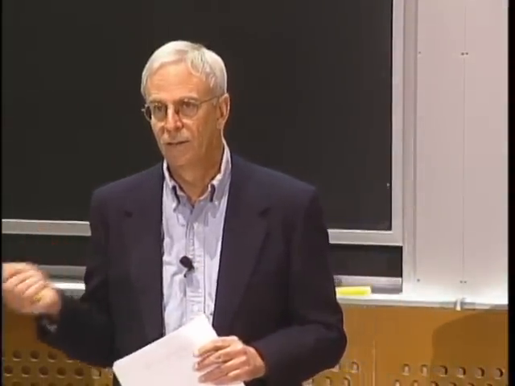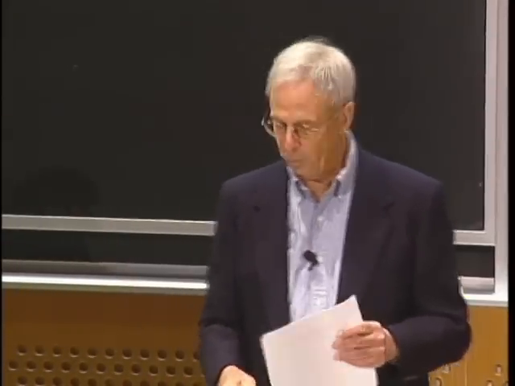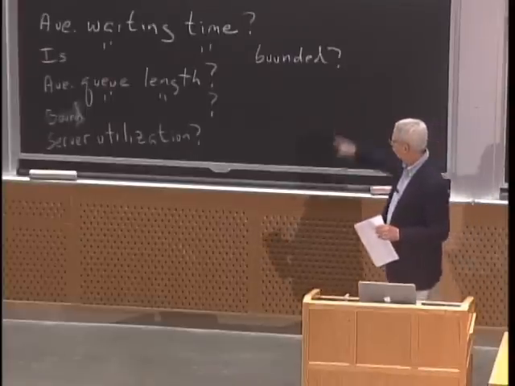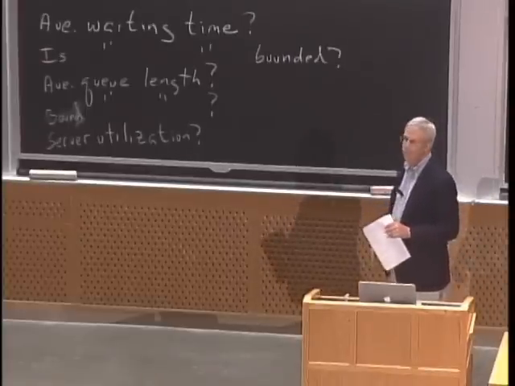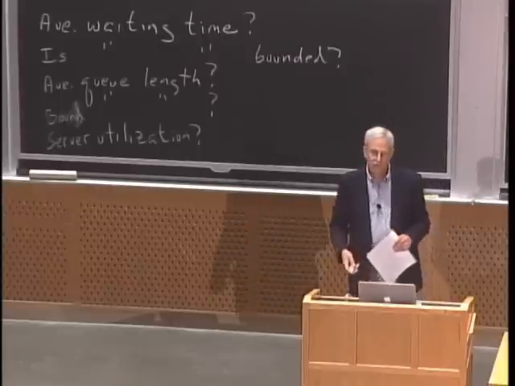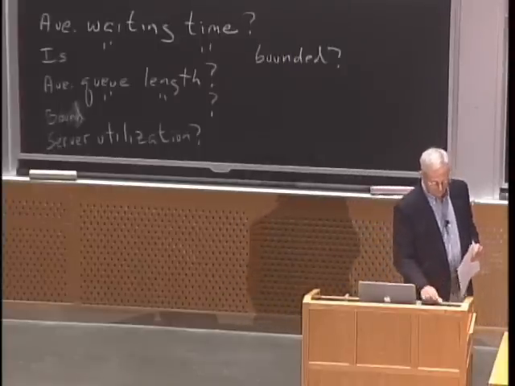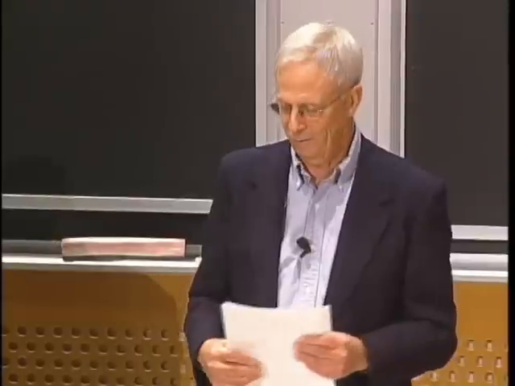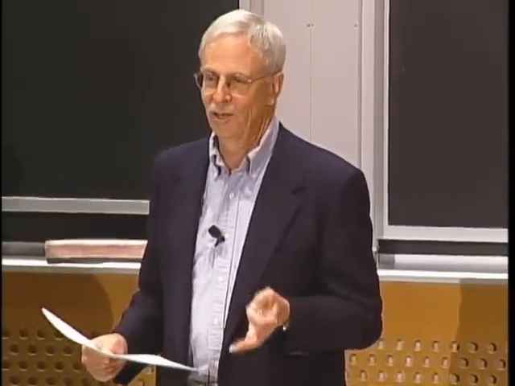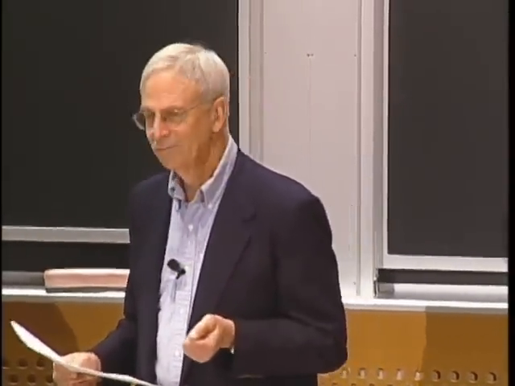All right, now I want to look at a particular example and see how we can build a simulation that will let us answer these kinds of questions. The example, and again, this is the one that you'll be asked to look at, is a simplification of the MIT shuttle bus system.